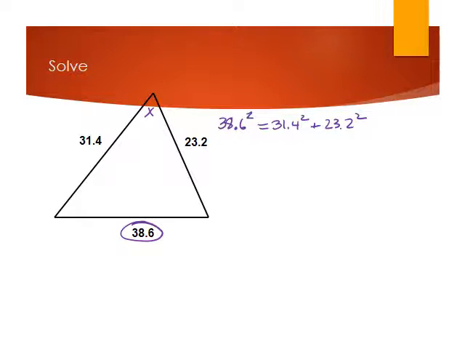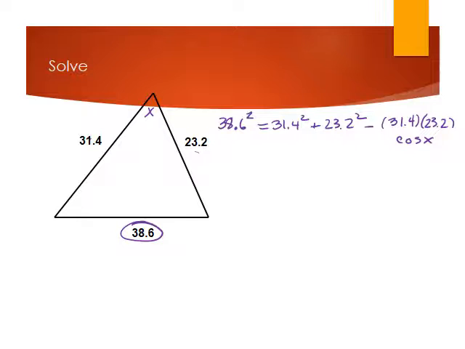So the two included sides with the angle, and this is the side opposite the angle that we're looking for, 38.6, minus 2 times 31.4 times 23.2 times the cosine of X. I don't like to bring it down to the next line, but I guess I wrote too big.